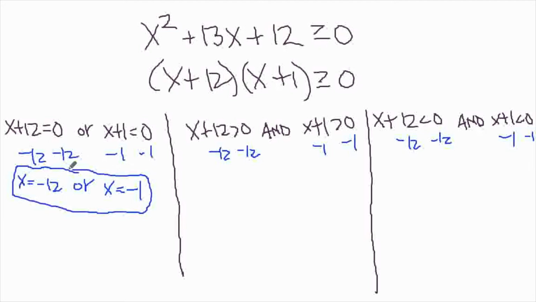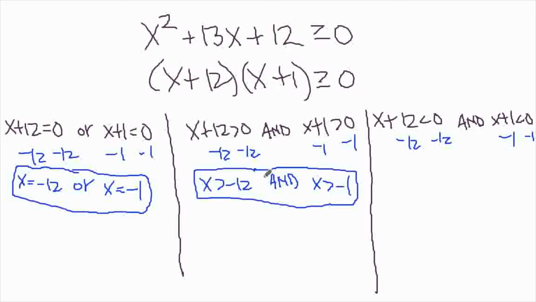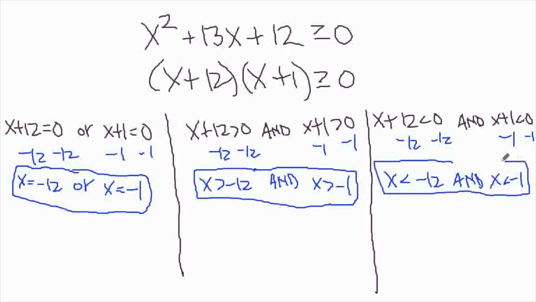So there are the 2 solutions of the first. The middle column, x is bigger than minus 12 and x is bigger than minus 1. Just put that aside for a minute. And then the last case, x is less than minus 12 and x is less than minus 1. So this time we didn't get any garbage. So all 3 of them have to be dealt with.